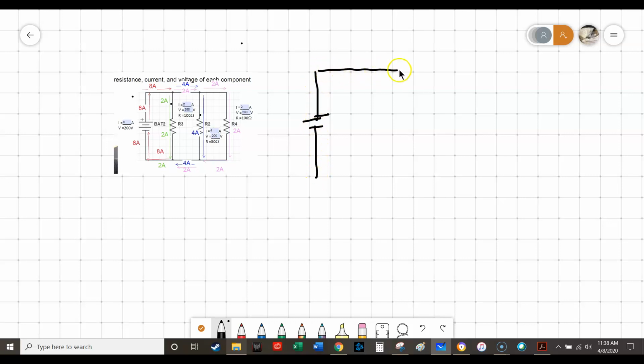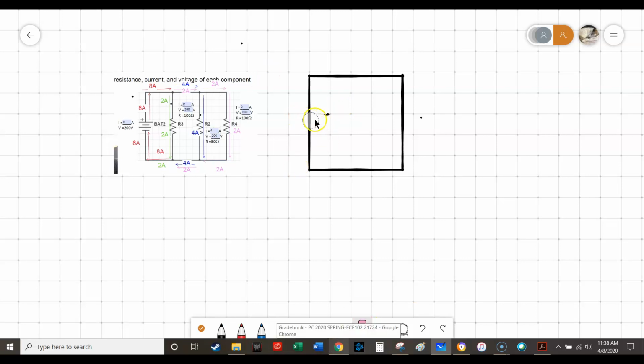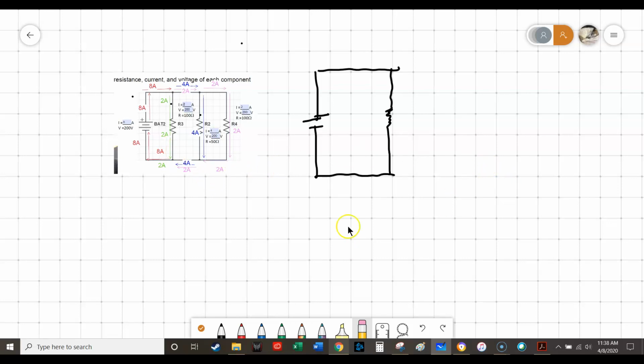I'm going to label it, and we know R3, it looks like that is going to be, oops, edit, undo. And I think it's trying to correct me. I'm going to make that little guy a little bit better looking.